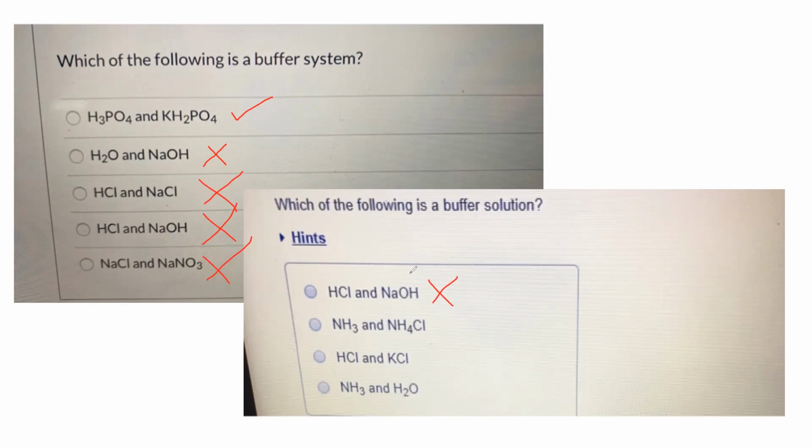And then looking at the second one of those options is the exact same, so HCl, NaCl, or NaOH rather. The fourth one here is the same as the first one. And then the third option of that first question is pretty much the same as the third option here. It's just we're replacing sodium with potassium, but we're going to see the same thing, strong acid with just a neutral salt. So we're not going to form the buffer solution.